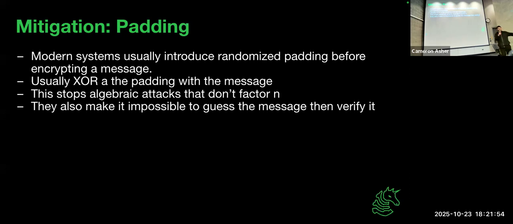Any attack that relies on the ciphertext being just x to the e won't work, because you can XOR everything and that will ruin all of the structure. And it will also stop brute force attacks of just taking messages and encrypting them and seeing if they're equal to the ciphertext, because it's randomized.